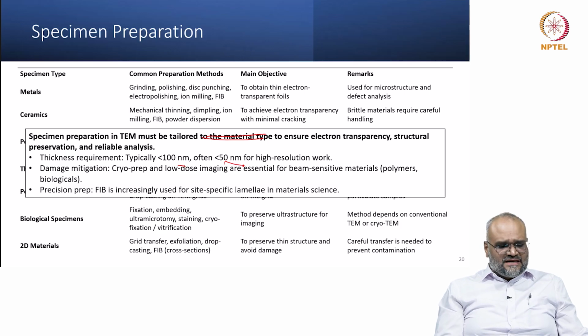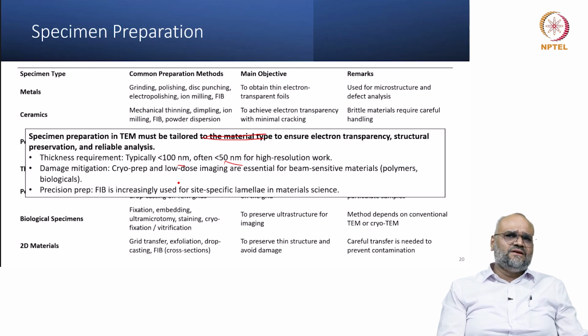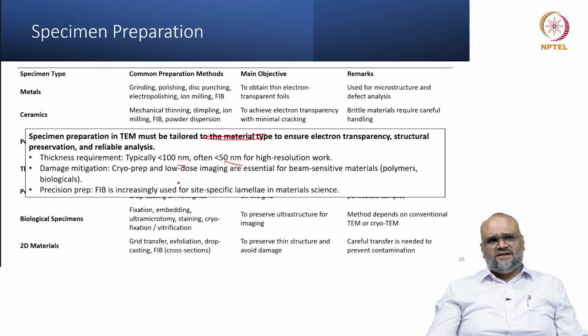For damage mitigation, you also have low dose imaging, cryo preparation, and dose tests that you need to do for beam sensitive materials. For precision preparation, FIB is increasingly used. There is also cryo FIB now, which is used to prepare beam sensitive biological samples as well. So that is a snapshot of the specimen preparation methodologies that we saw.